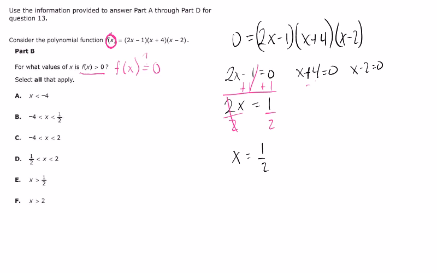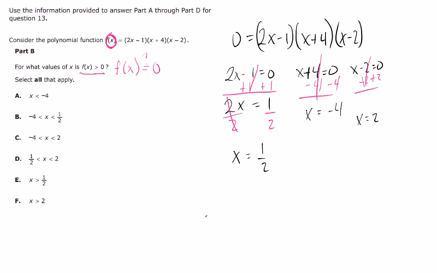So now I'm going to take away 4. So I get x equals negative 4, so there's another 0. And then the last one, add 2 to both sides, so I get x equals 2, right? So those are my zeros.